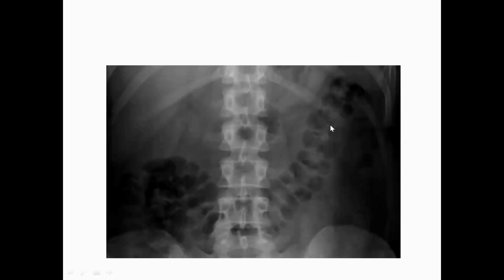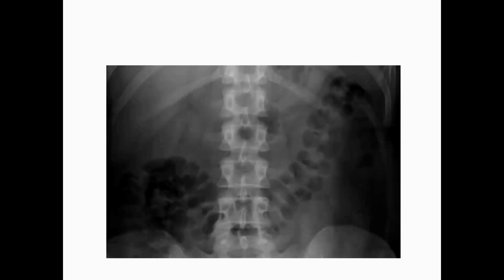But the transverse colon and sigmoid colon are more variable in position, in contrast to the ascending and descending colon and rectum. As we said, the cecum is the widest part of the large bowel and can extend up to even 9 centimeters, and the rest of the colon 6 centimeters.